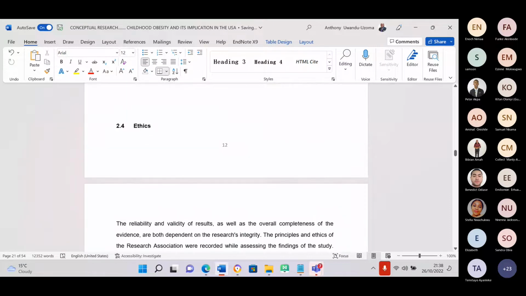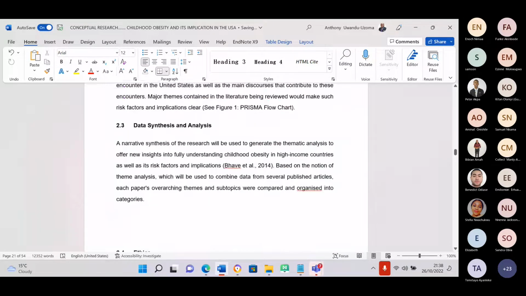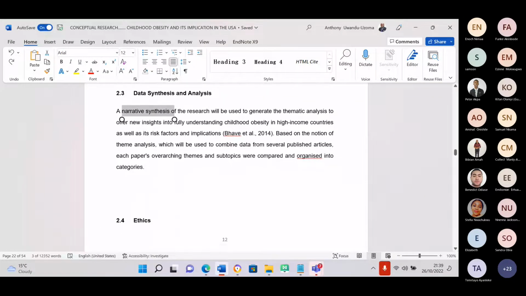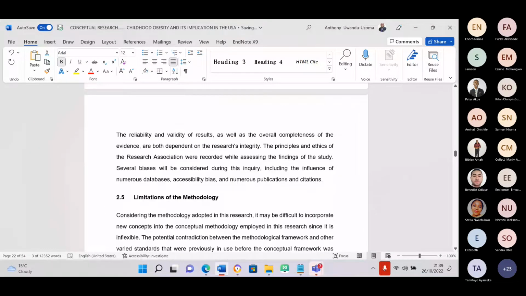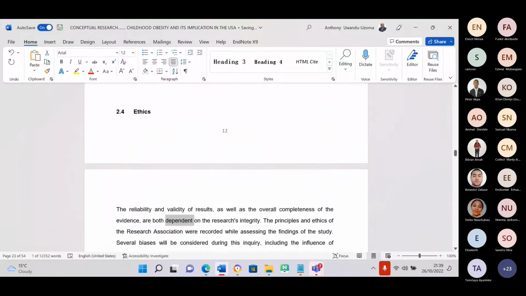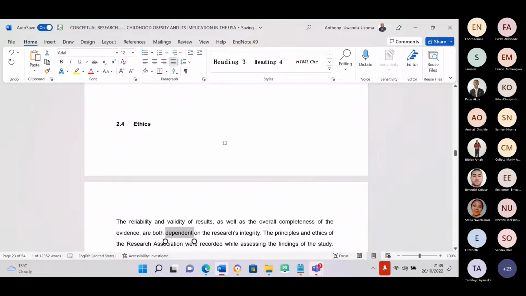And then give us something around ethics and data analysis. How do you intend to analyze your data? You can see here the method is narrative synthesis. That is how you intend to analyze your data. Then write something on ethics. Remember, if you are doing secondary research, you don't need approval of the ethics committee.